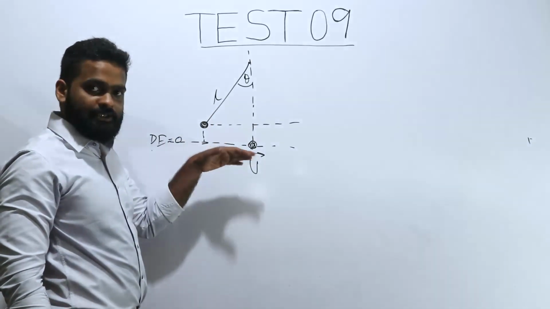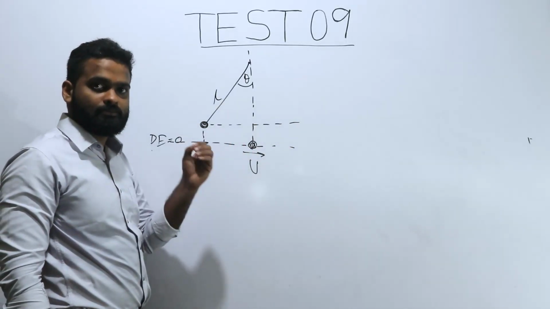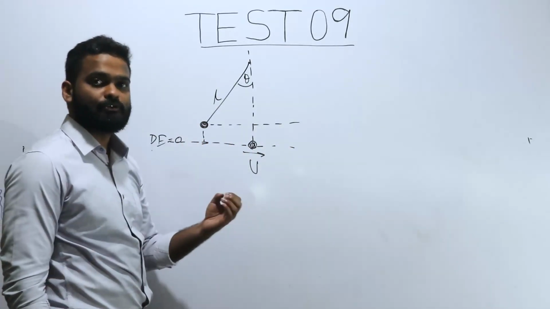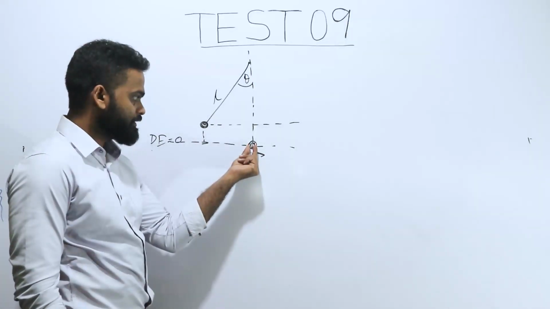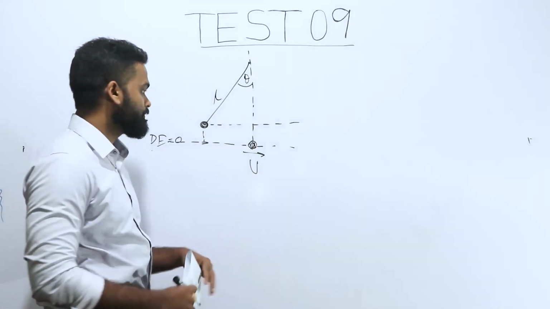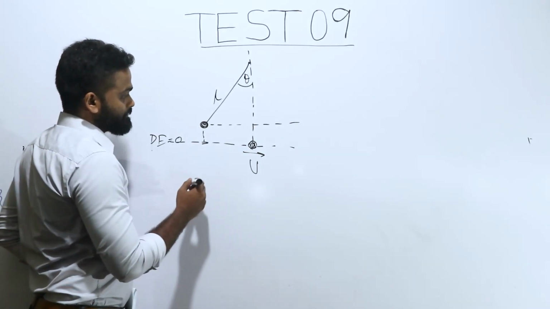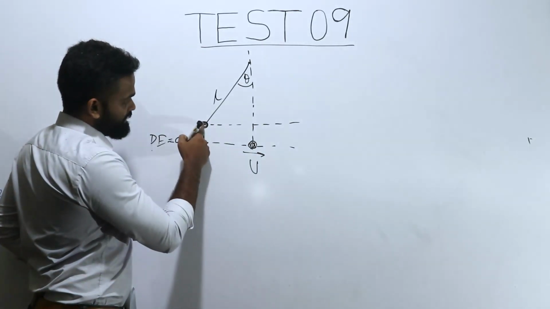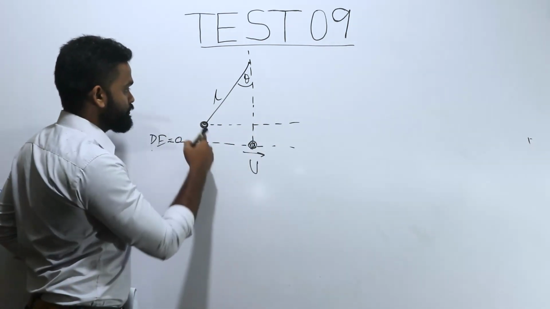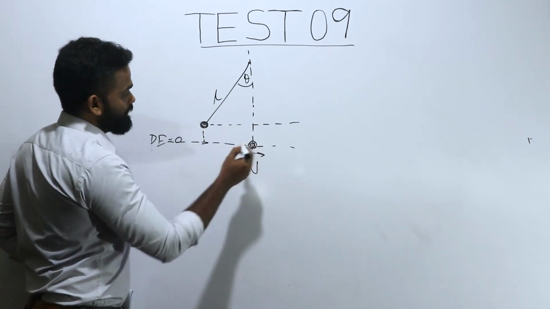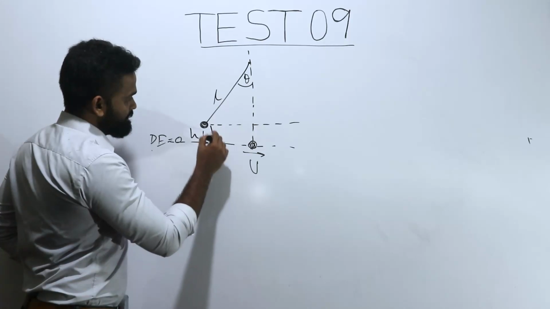That potential energy has to convert completely into kinetic energy of the pendulum. So that is energy conservation. Potential energy here converts into the kinetic. Let's say this height is h.